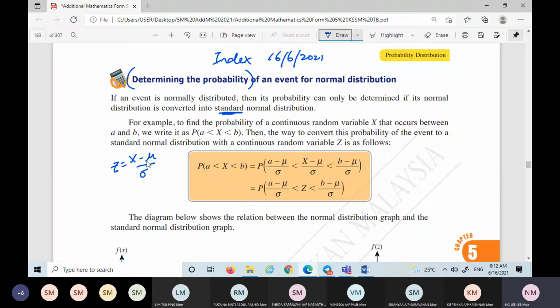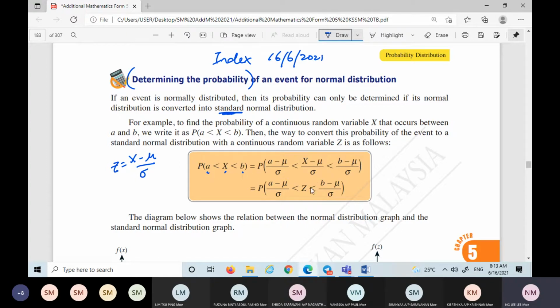So you follow this: do minus mu, divide sigma, to every part of this. So you see A minus mu divided by sigma, X minus mu divided by sigma, B minus mu divided by sigma. For every part, you do the same thing.